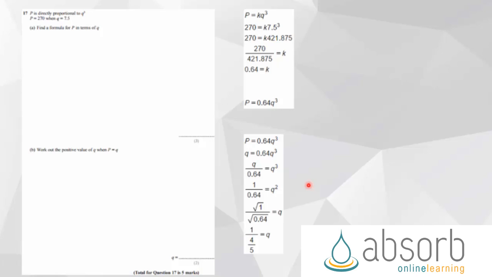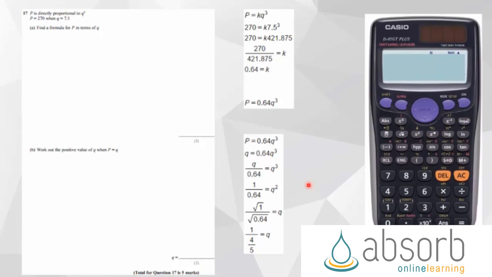Now, if you have a calculator, and almost certainly you would have done this calculation on your calculator, you would have used the square root button, square root of 0.64, and when you press equals, you will almost certainly get the answer of 4/5 coming up on your screen. If it doesn't, if you press this button here, it would change from decimal into fractions.